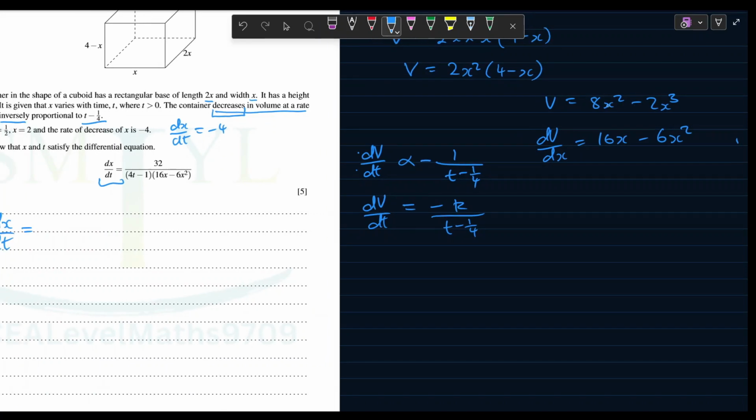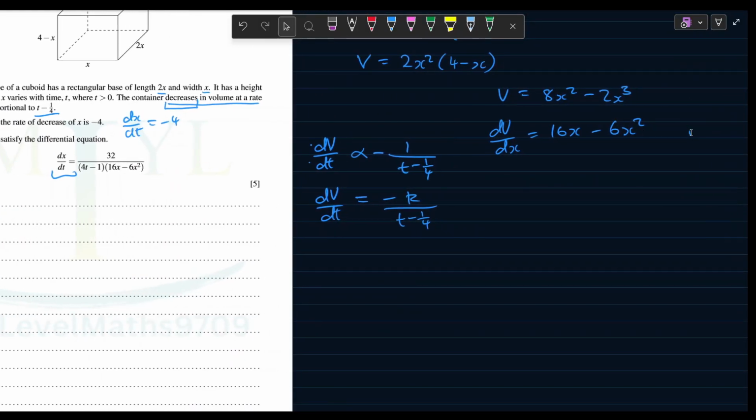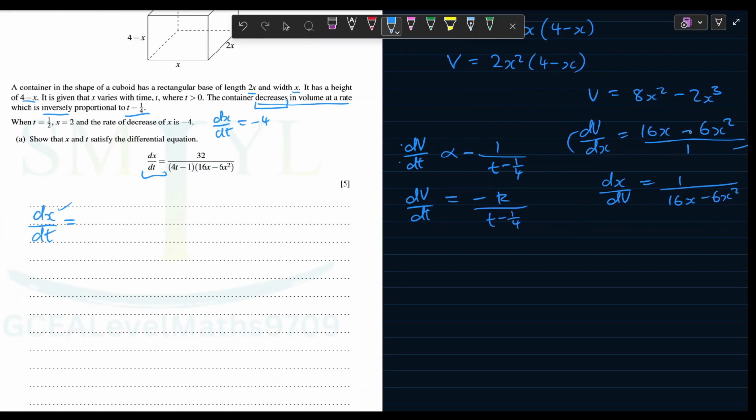All right. And notice that here we want dx in the numerator. So it means that we're going to have to flip this dV/dx so that we get dx/dV. What you do on one side, you do on the other. So this is 1 over 16x minus 6x squared. All right. And so we can write that dx/dt is equal to dx/dV multiplied by dV/dt. All right. And then the dV's technically can cancel out so that you've got dx/dt. So our chain rule is valid.